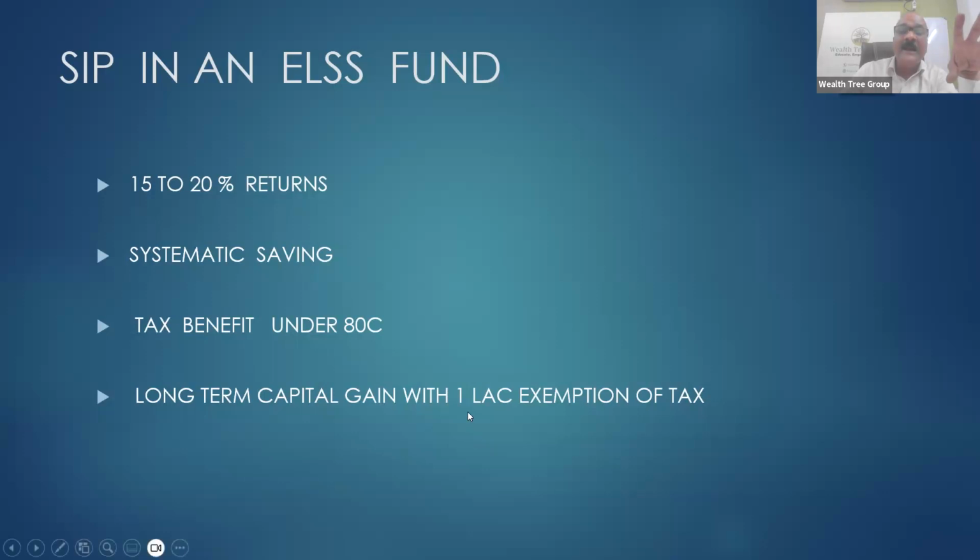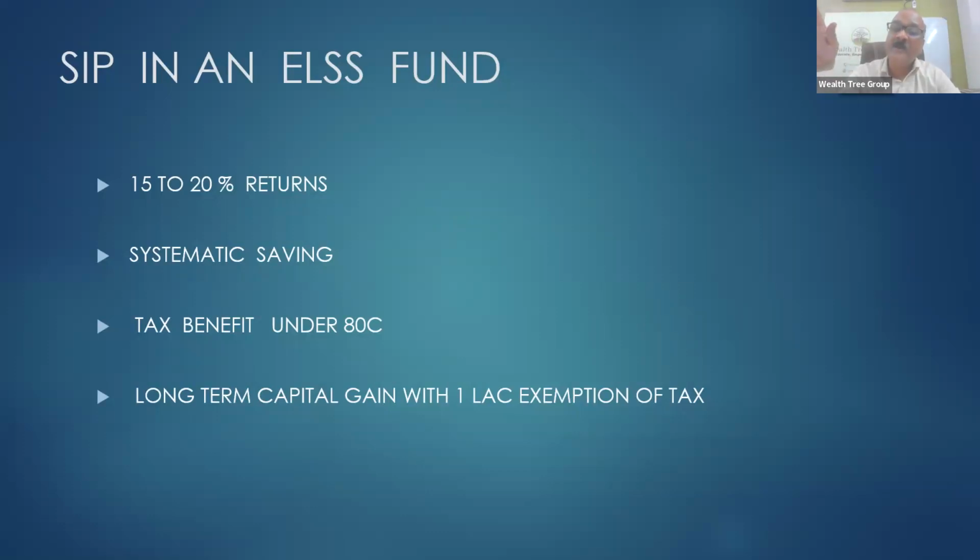And long-term capital gain tax has a 1 lakh exemption. Suppose you are withdrawing after 3 years. There is a 3 year lock-in period for this. After 3 years, when you are withdrawing, suppose your 60,000 has become, say, 1,60,000.